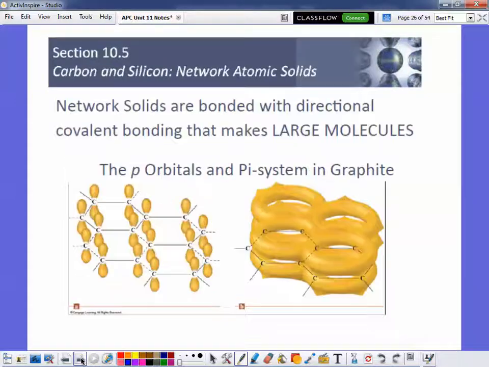Okay? This diagram's a little bit easier for me to see, but that's what's going on there. All right, so you're kind of taking off a layer at a time when you write with your pencil. But each layer is very, very, very strong, but the layers themselves can separate from other layers easily. Sure, it's like skin.